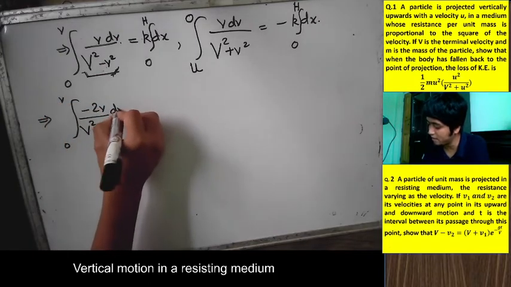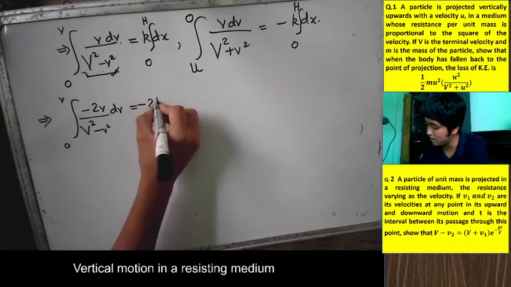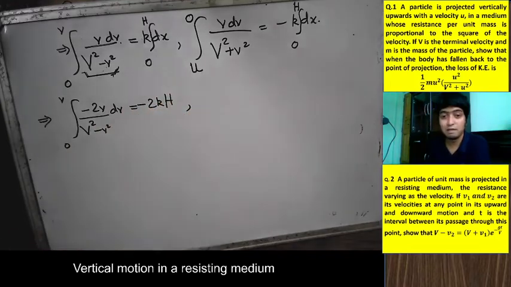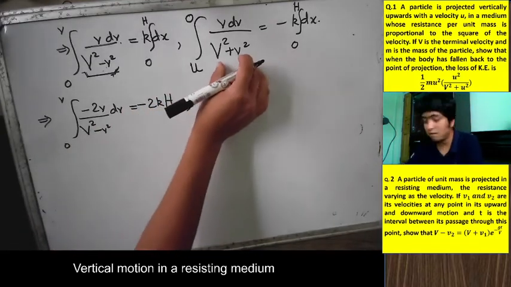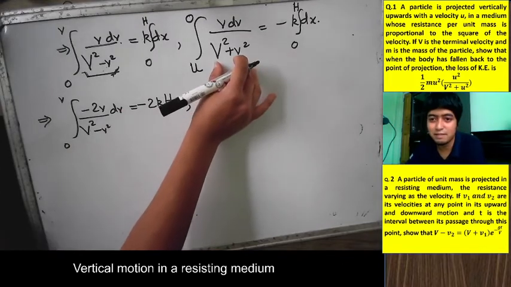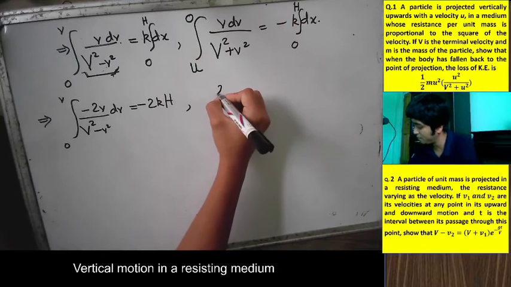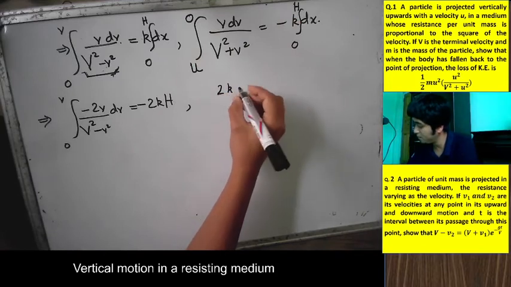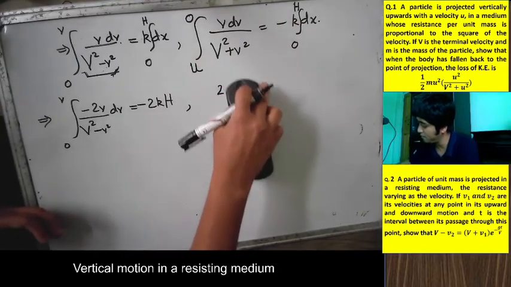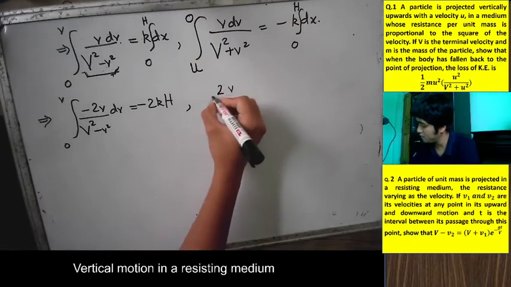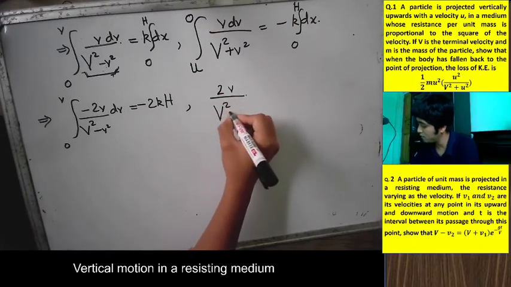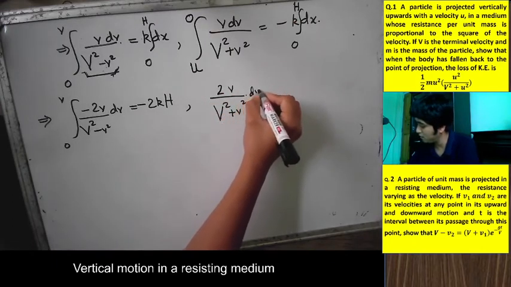We'll be having this -2kh. For this one, the differentiation is just 2v, so we can multiply both sides by 2v dv.